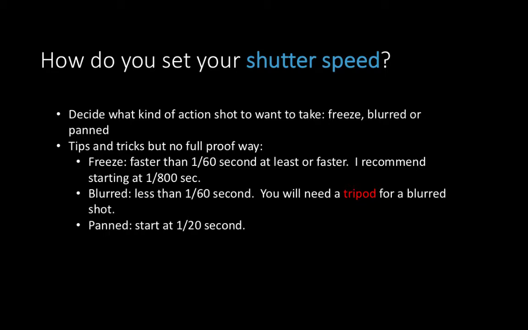So either it's going to be on a tripod or you're going to stabilize it on a table. And for a pan shot, these ones are difficult. Again, it all depends on the amount of light, but I think a good starting point is about 1/20th of a second. This is the only time where you're not going to need a tripod even though you are under 1/60th of a second, because you actually have to move the camera with your moving subject.